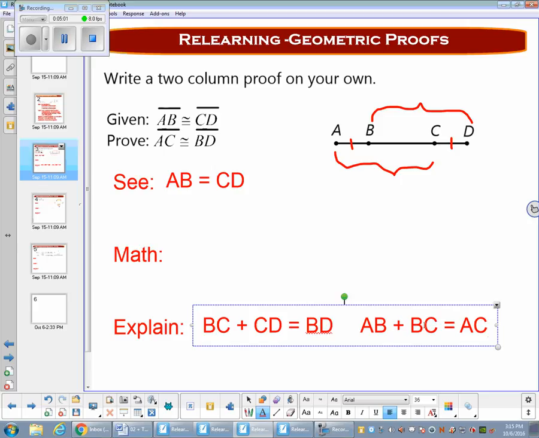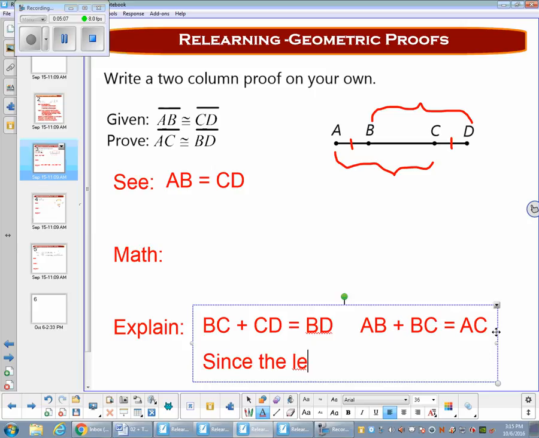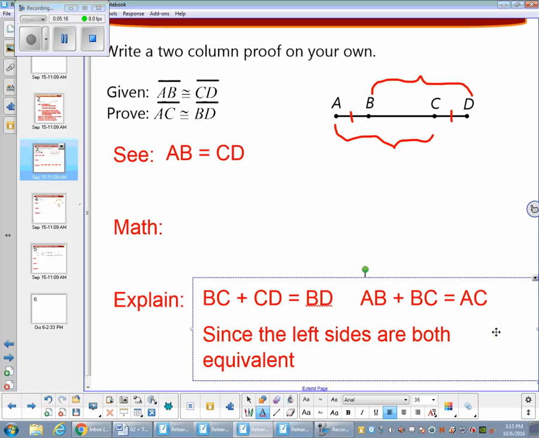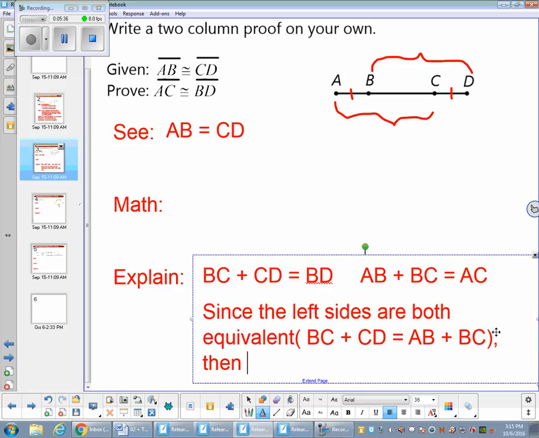And we know BC is the same. So then, since the left sides are both equivalent, for instance, BC plus CD is equal to AB plus BC, then the right sides have to be equivalent. BD is equal to AC. Just an explanation on why this has to be true.